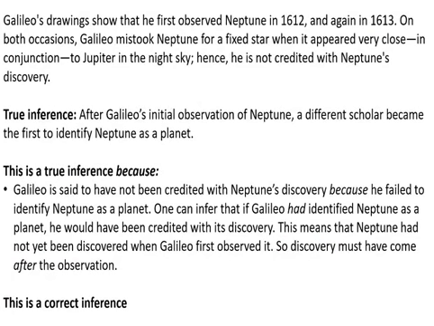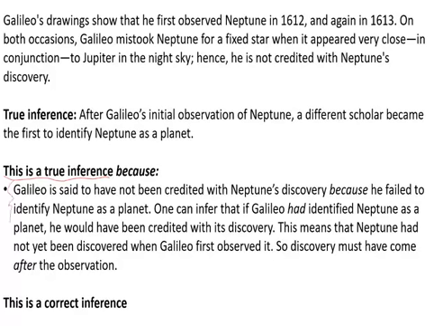So the true inference, again, is after Galileo's initial observation of Neptune, a different scholar became the first to identify Neptune as a planet. And why is that the case? Well, let's look at this. This is a true inference. Why? Because Galileo is said to have not been credited with Neptune's discovery because he failed to identify Neptune as a planet. And let's look at that in the passage.